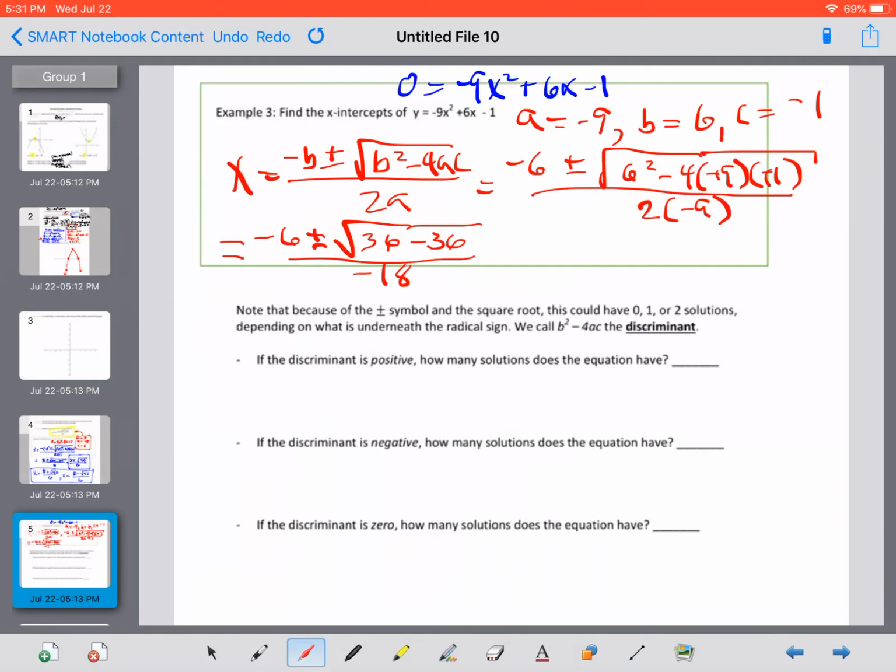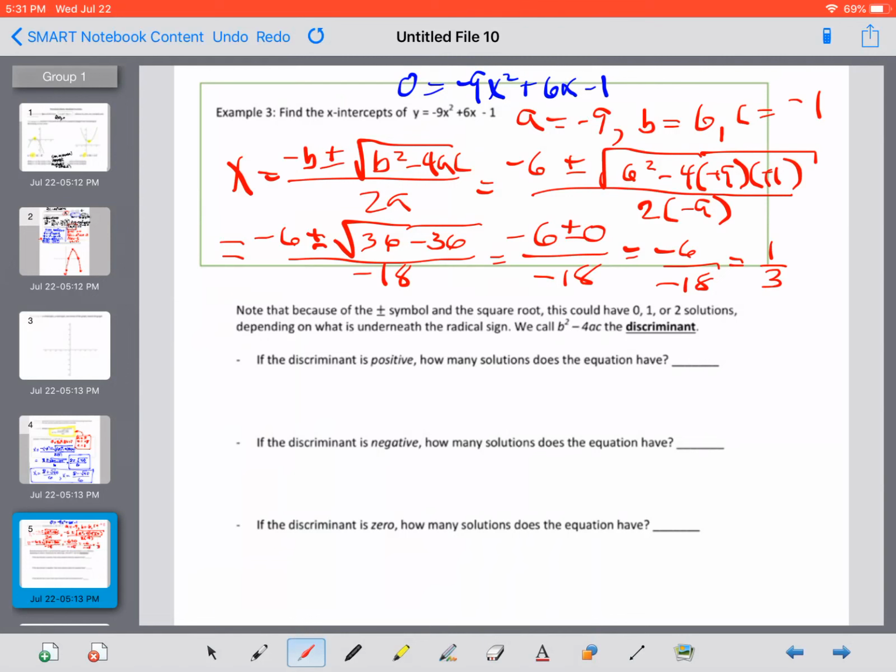That's negative 18. So on top we have negative 6 plus or minus 0, because 36 minus 36 is 0, and the square root of 0 is 0, all divided by negative 18. This simplifies to negative 6 over negative 18, the negatives cancel out and we can reduce to 1/3.